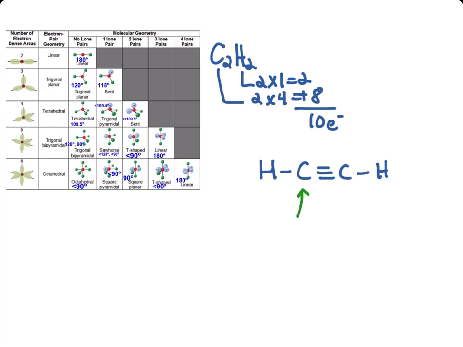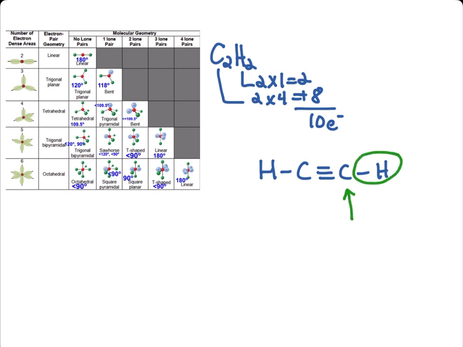This first carbon has 2 electron groups around it. Notice that the triple bond does not mean 3 electron groups. It just means that 1 electron group is bound to the carbon with a triple bond. Let's take a look at the second carbon.